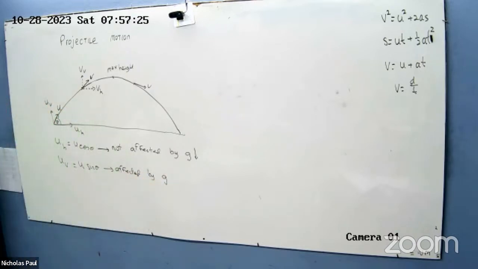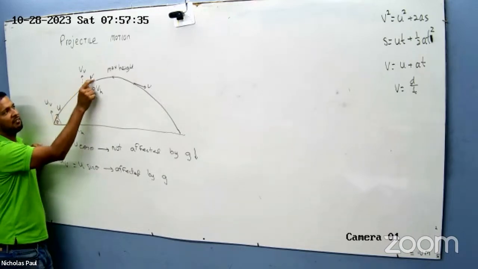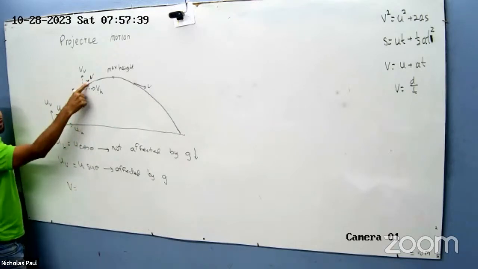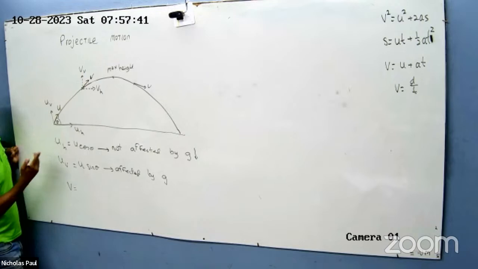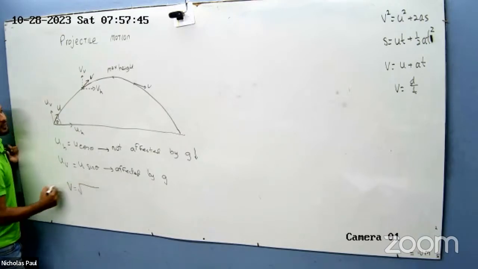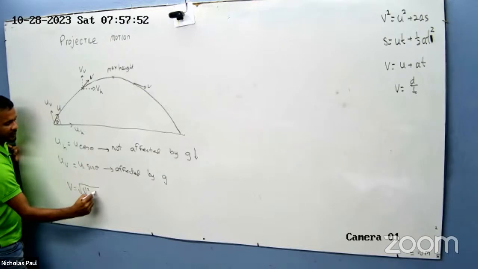Everybody okay with that? So if we have the initial component and we want to get v, how do we get v? v is the resultant of those two components. So v is the square root of the vertical velocity squared plus the horizontal velocity squared.